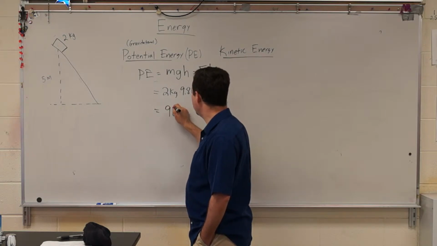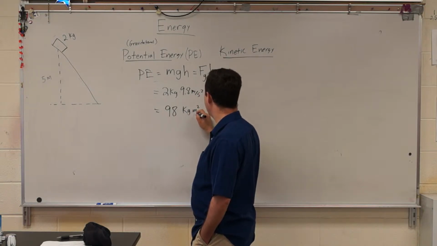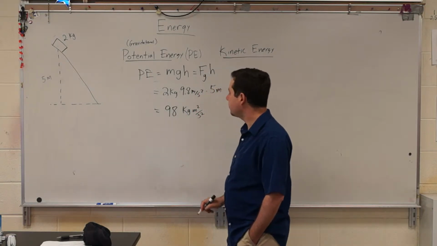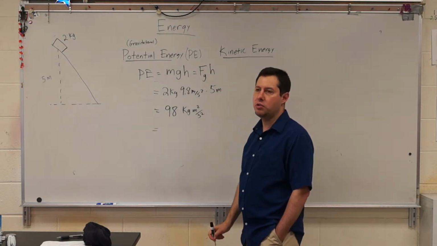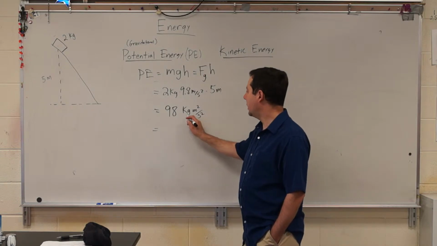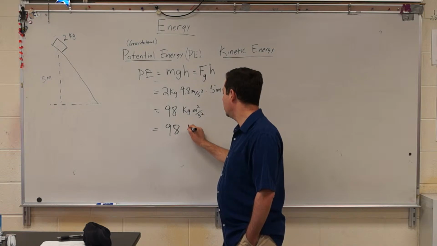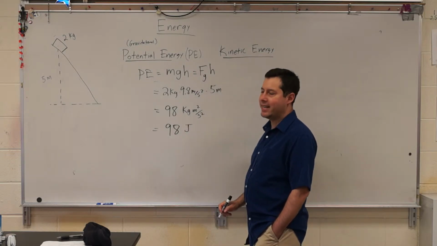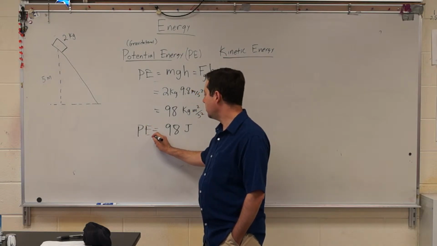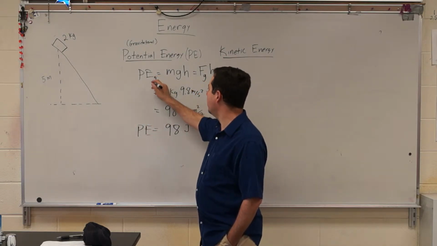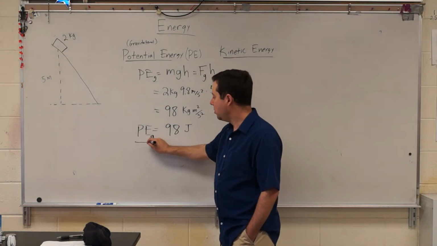Should get 98 kilogram meters squared per second squared. And it turns out, I said that energy is usually measured in joules. A kilogram meter squared per second squared is the same as a joule. So the potential energy of this is 98 joules. Sometimes we'll put a little g on here to indicate that it's gravitational potential energy as well. So you should look out for that.